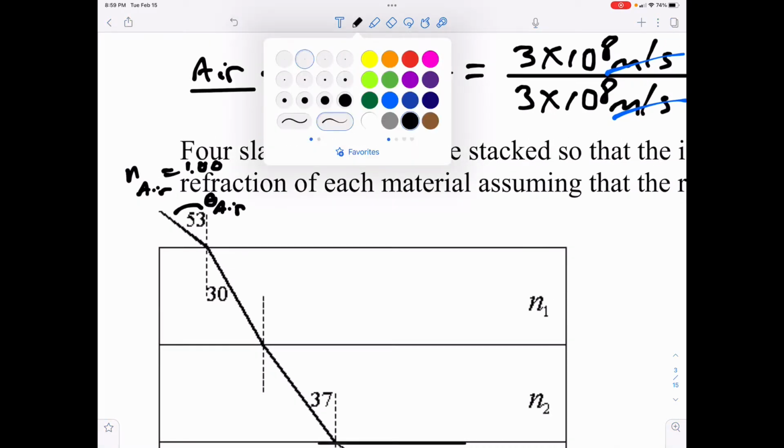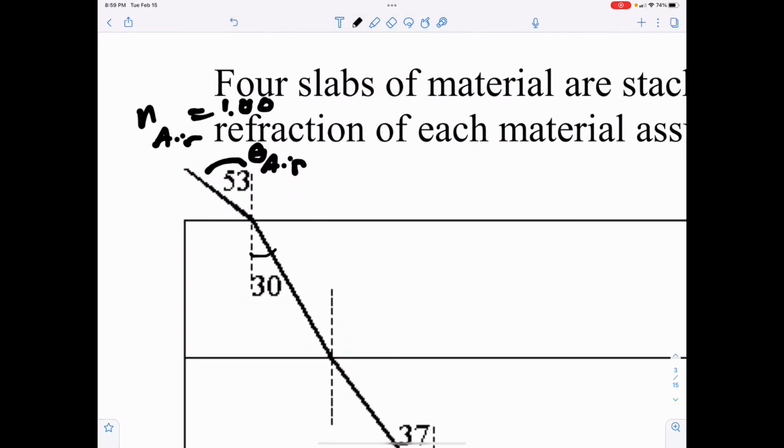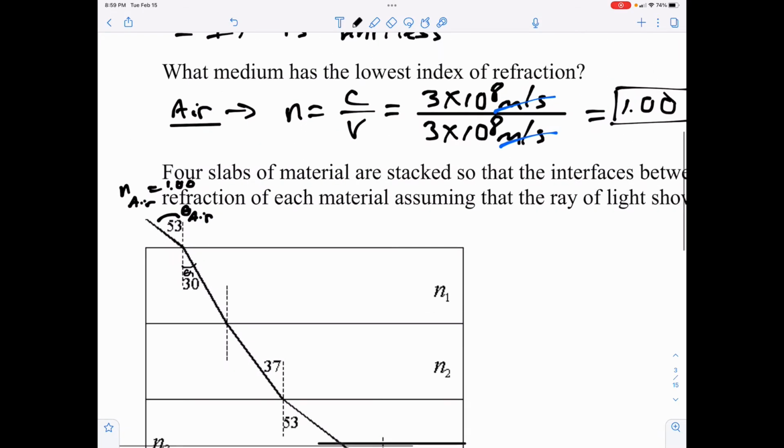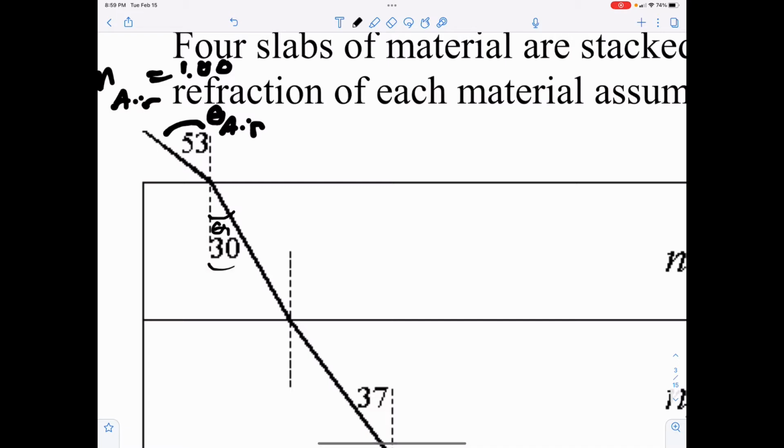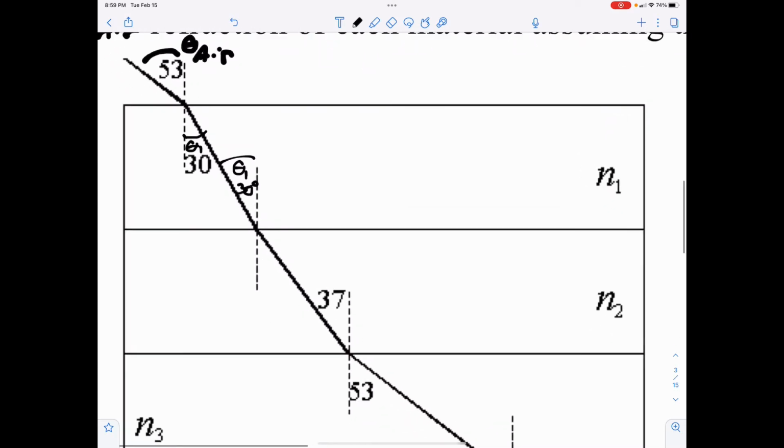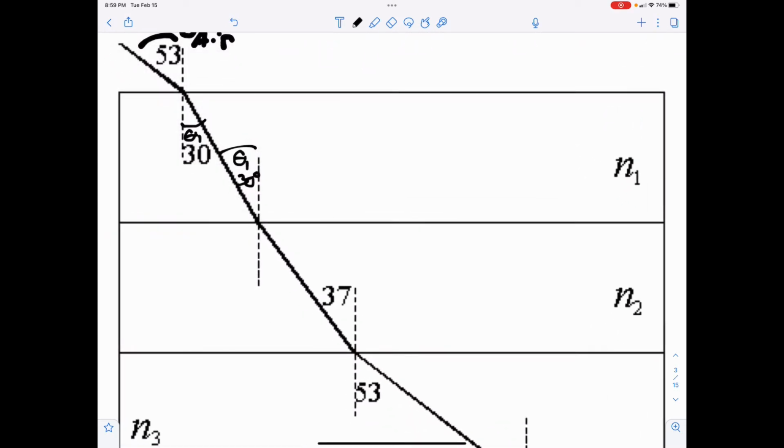Okay, and then I'm going to break this down. This would make this theta 1 to go with n1. Okay, now this angle here is going to be the same as this 30-degree angle here. So this is also theta 1. Okay, and it's going to refract into the next medium. That 37-degree angle is the same as that 37-degree angle.